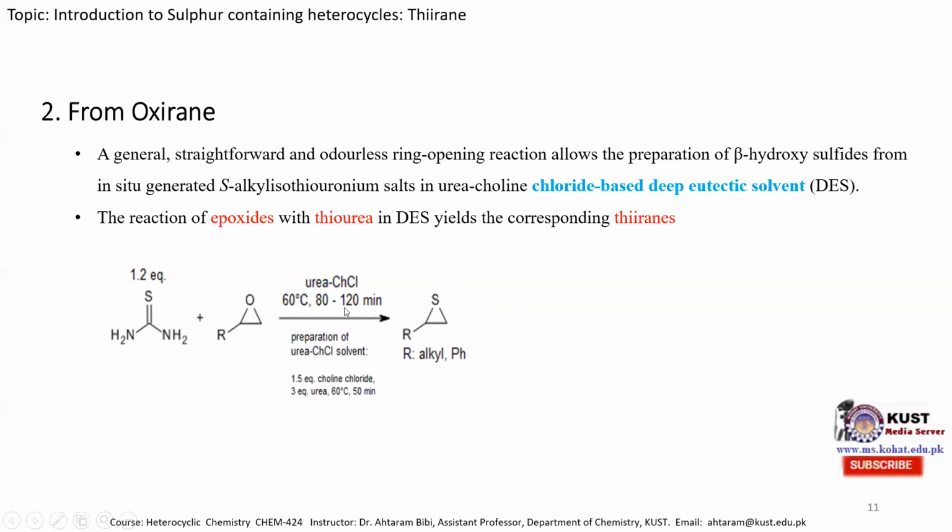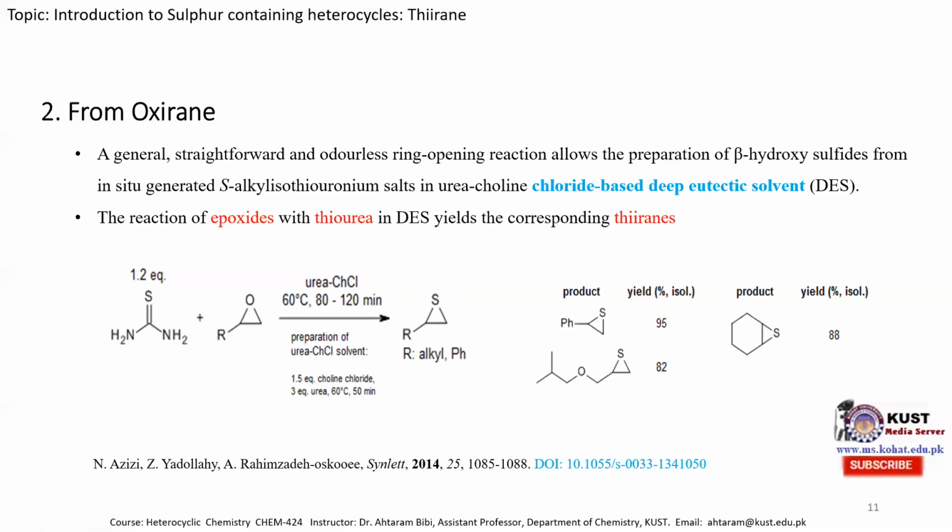And this urea choline is prepared by treating 1.5 equivalents of choline chloride and 3 equivalents of urea at 60 degrees centigrade for approximately 1 hour. So when treating oxirane with thiourea, one can also obtain the thiirane molecule.